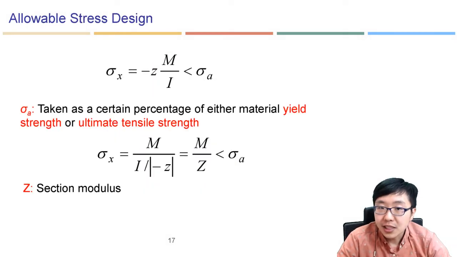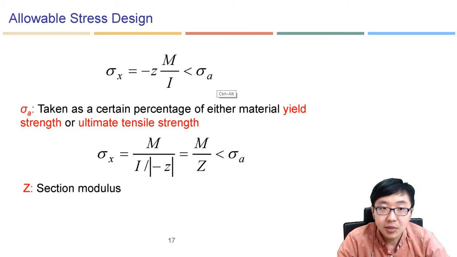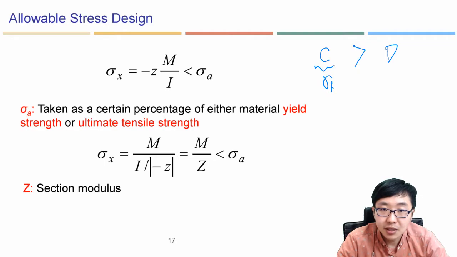For allowable stress design, as I mentioned earlier, capacity must be better than demand. In this case, the demand is bending stress, and our capacity comes from the material.